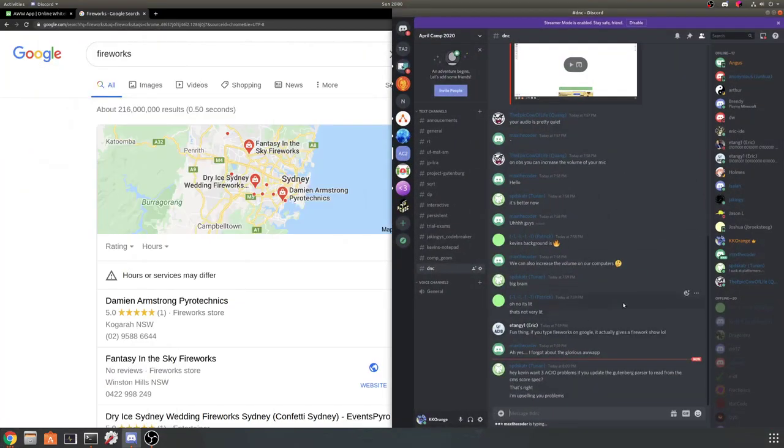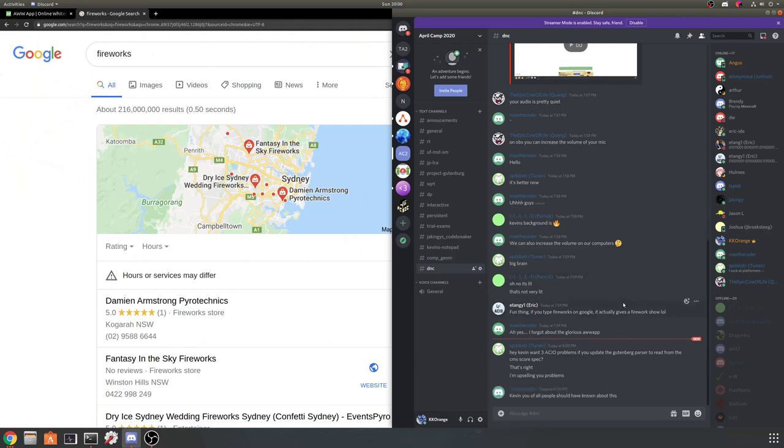Hey Kevin, want 3 ACIO problems if you update the Gutenberg parser to read from the CMS score spec? I have no idea what this sentence means. I did not in fact know about this fireworks thing.